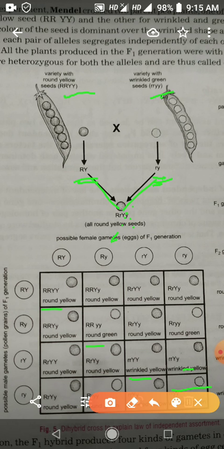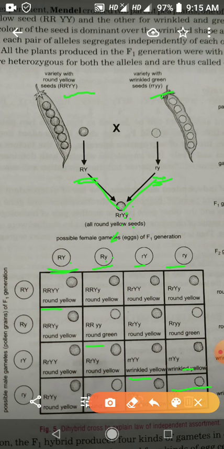As a result, from the combination of genes, 2 types of gametes with new combinations are produced. So gametes produced are capital R capital Y, capital R small y, small r capital Y, small r small y.